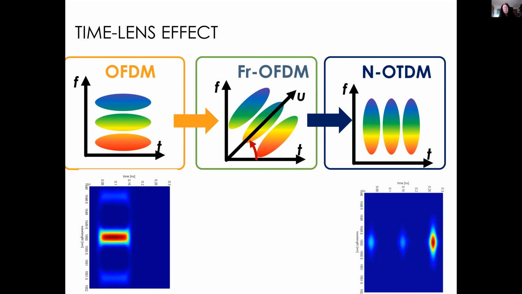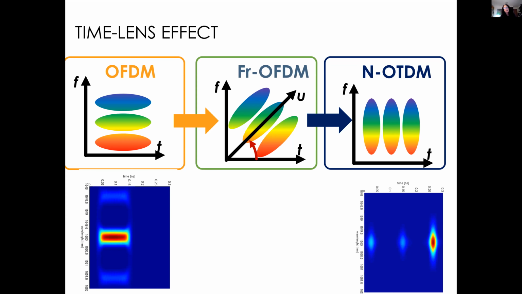The next step is to mix more things, to make things a little more complex, and to go from OFDM, where the channels are transmitted in parallel, using fractional Fourier transform, so making a rotation in between time and frequency, and then transform this signal into Nyquist-OTDM.